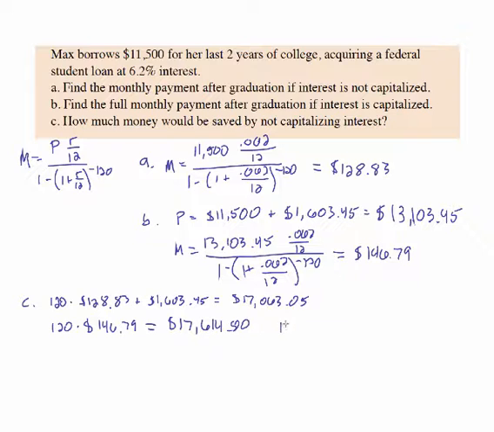Well, we would just do 17,614.80 minus 17,063.05 is $551.75. And so we find that if interest is not capitalized, if payments are made on interest while in school, overall that will save a little over $550.